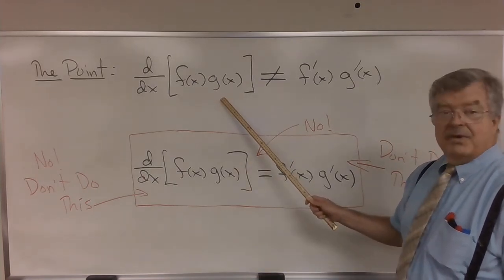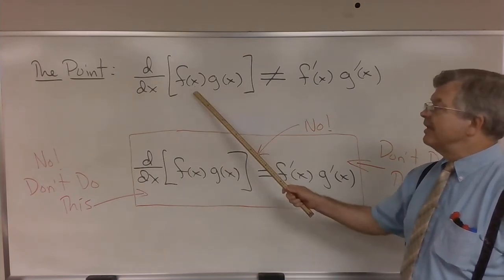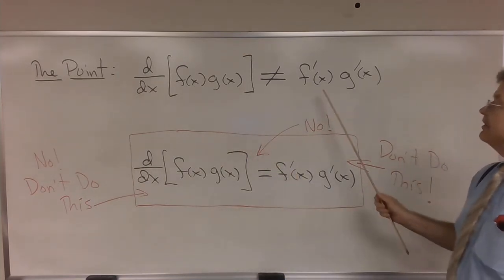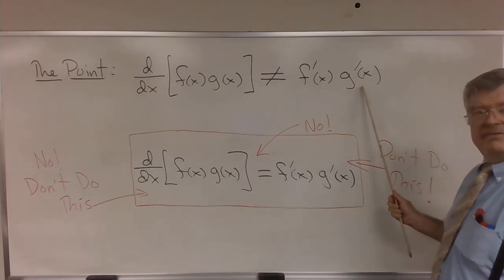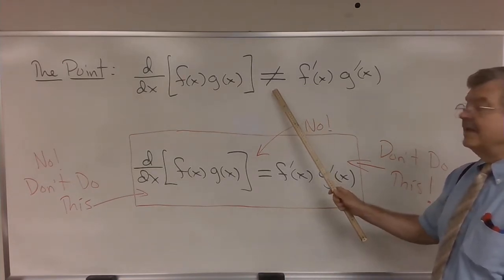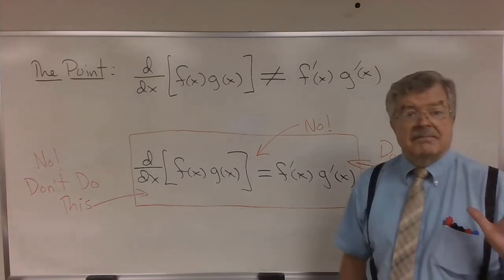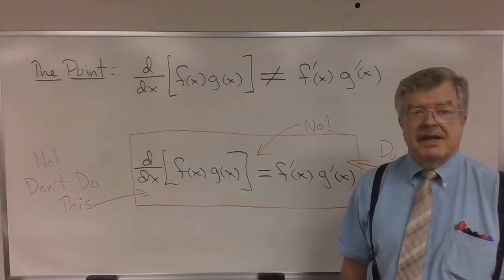We can't compute the derivative of the product of functions by computing the derivative of the first function times the derivative of the second function and multiplying them together. It doesn't work. And yet, it seemed like a reasonable thing to do.